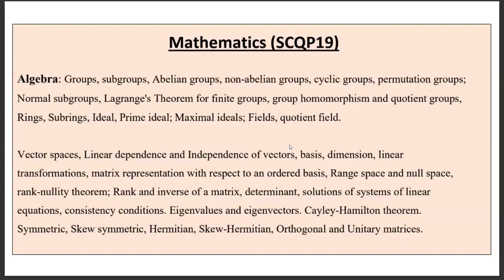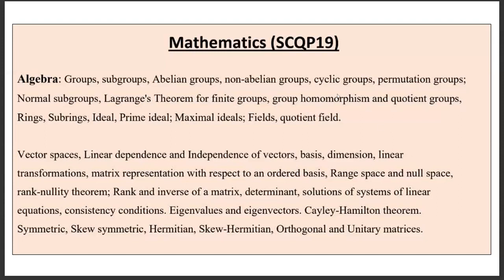Unit one is algebra. In algebra, they have given two types of things: one is group theory, and the other is entirely linear algebra. In group theory, what are the important topics? Please prepare Lagrange's theorem and properties, group homomorphism properties, and permutation groups.